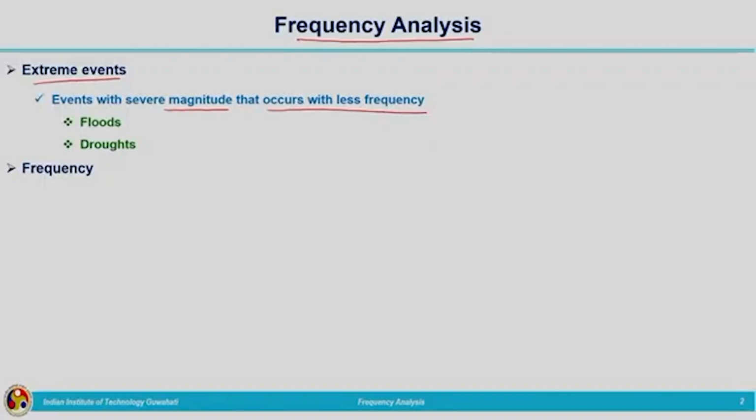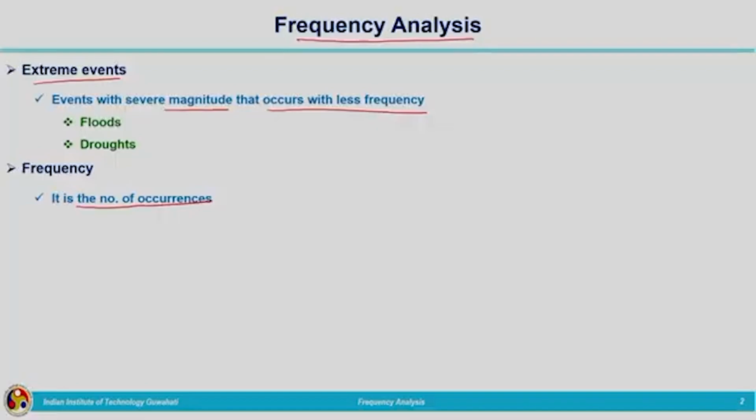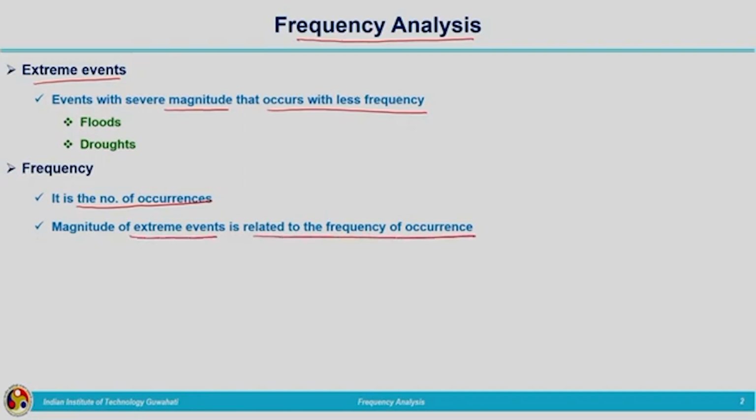So, what is meant by frequency? Frequency is nothing but the number of occurrences. How many times a rainfall event or a particular hydrologic event occurs is termed the frequency of the event. The magnitude of extreme events is related to the frequency of occurrence.